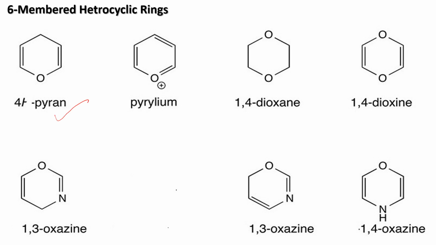This is pyran. Pyrrolidine, dioxane. Because of the double bond, this is oxane. You can see here oxazine. Both are the same structure; the difference is the double bond position. Oxazine.